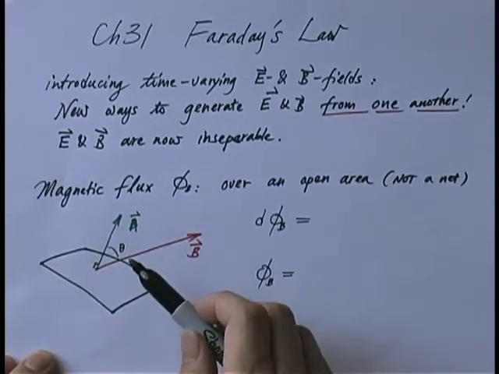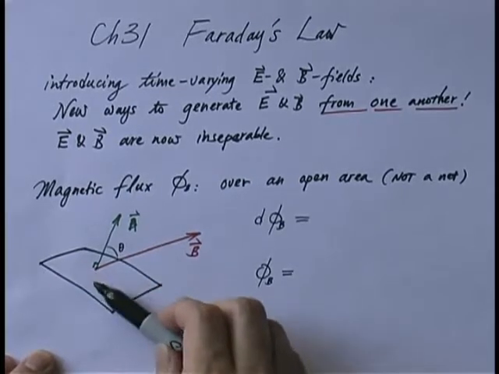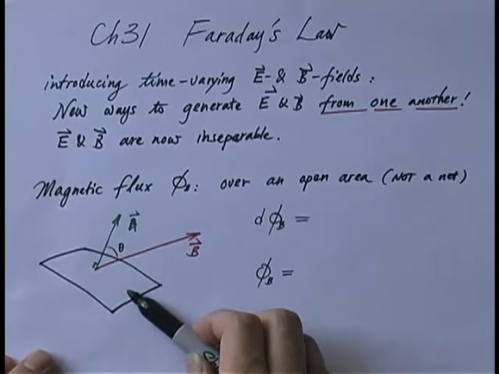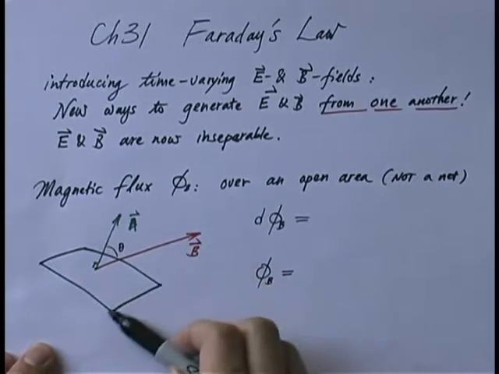Now, how does one calculate the magnetic flux going through this area? Well, in general, the magnetic field over a finite region can vary from place to place, and if that happens, I cannot simply use a certain uniform value of B to cover the entire area.